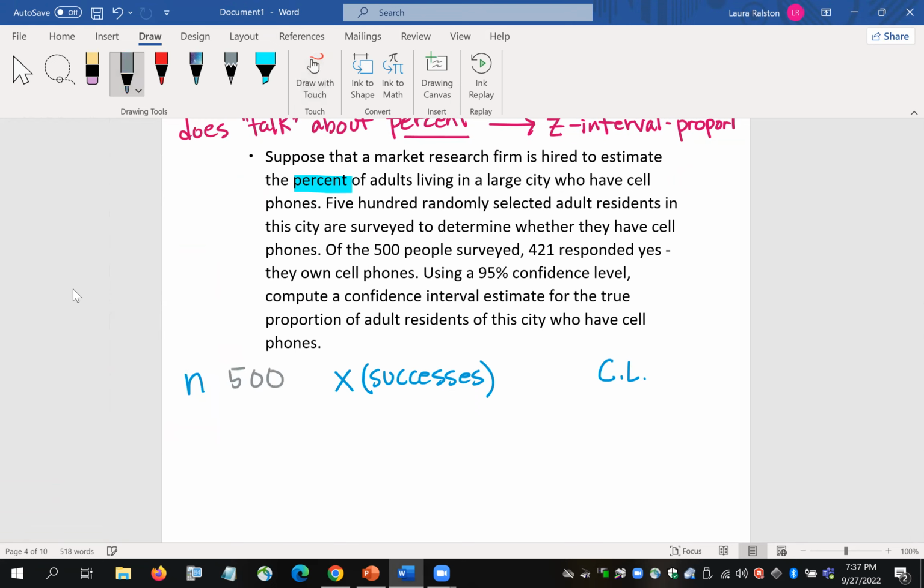So my sample size is 500. Of those, 421 responded, yes, they have a cell phone. And I have a 95% confidence level.